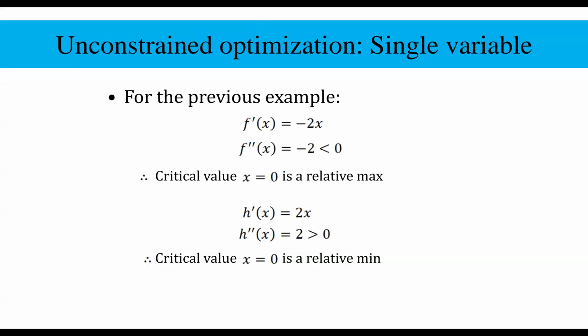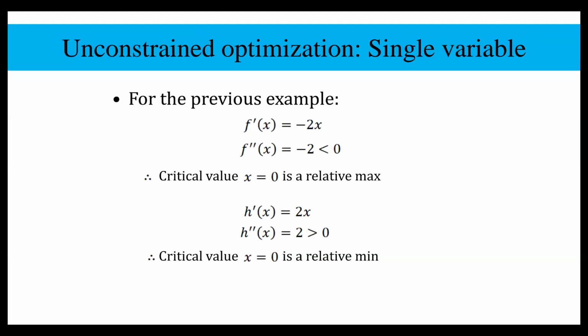Now, the same function that we had previously, we had found the first derivative, isn't it? The first derivative was negative 2x, right? If we differentiate this again for the second time, you have negative 2, which is less than 0.